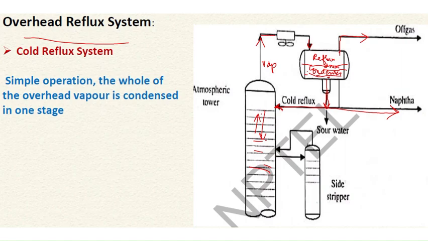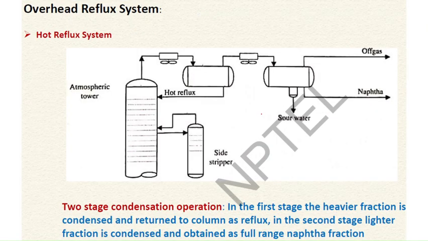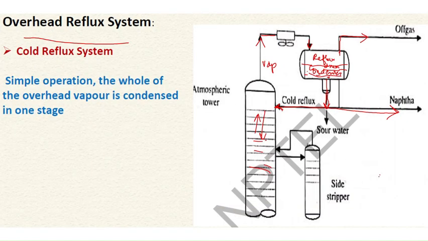Okay. In sour water, some amount of water is always present. As I told you, if there is some amount of water present in the crude oil, then that will also come out here as a sour stream. Okay, sour water.